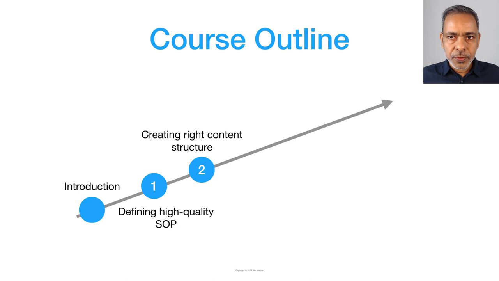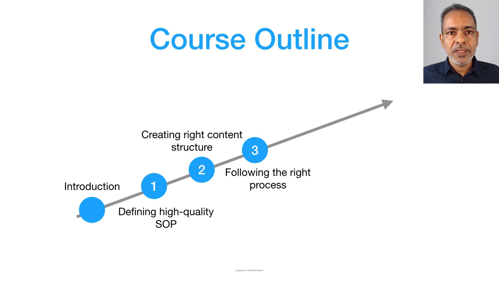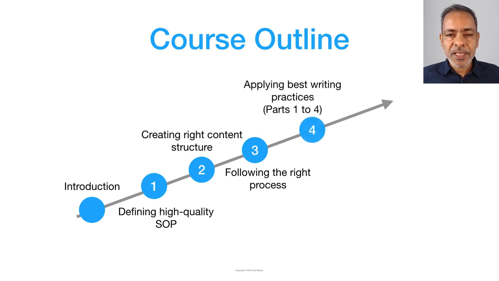Section 2 shows you how to create the right content structure for the SOPs and write the individual sections of an SOP. Section 3 shares the right process for creating high quality SOPs. Section 4 covers the best writing practices that you can straightaway apply to your SOPs.